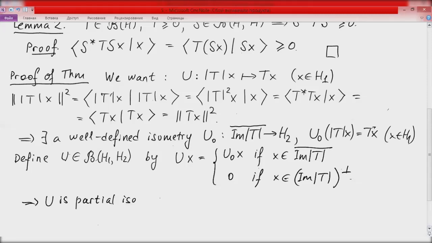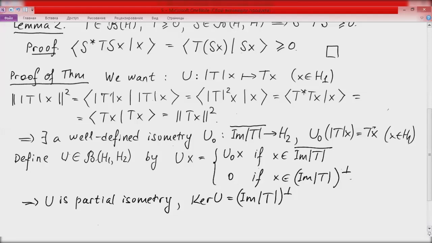Because U0 is an isometry and the kernel of U is just the orthogonal complement of the image of the modulus of T. So by construction, the kernel of U looks as follows. And this is exactly what we wanted to achieve. And also we wanted to show that the kernel of U equals the kernel of T. This was in the statement of the theorem.